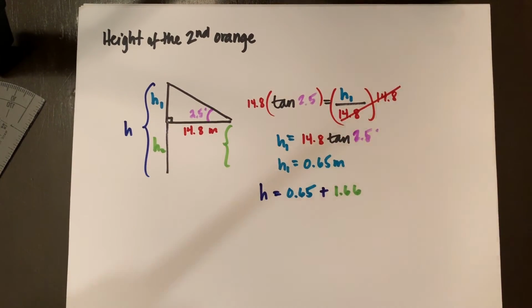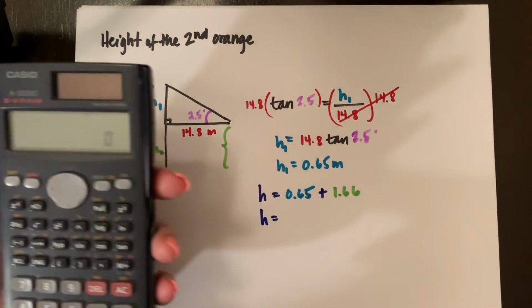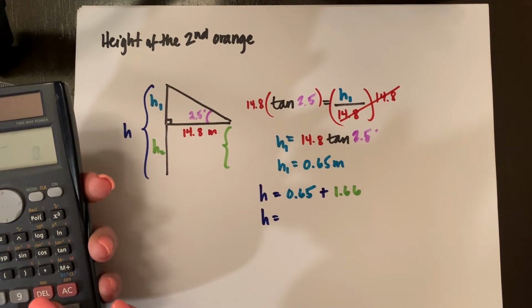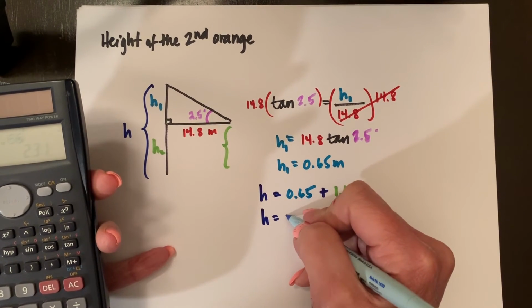So adding those two together, 0.65 plus 1.66 is about 2.31 meters.